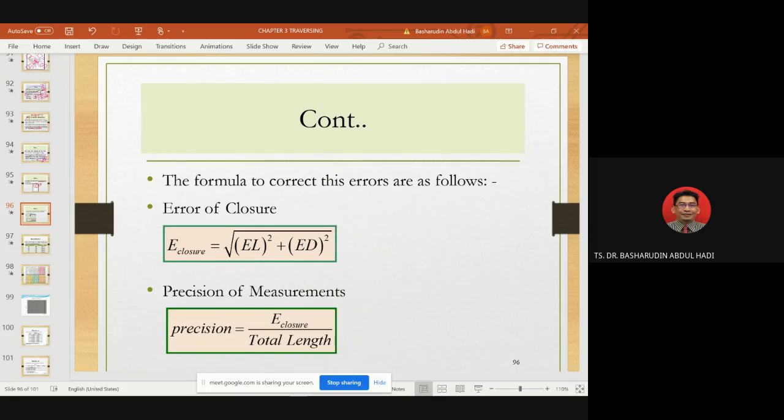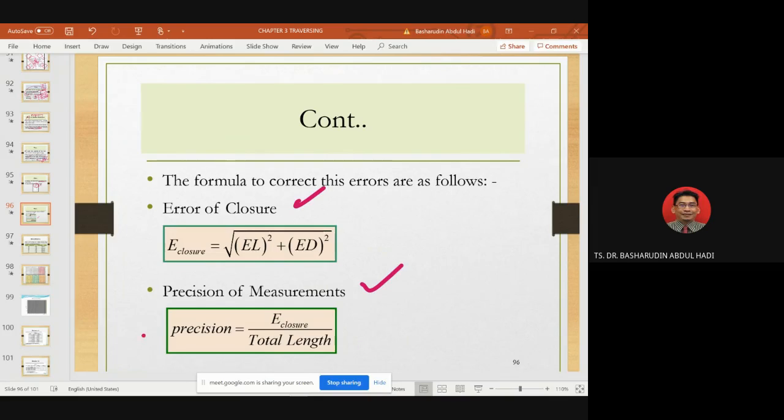The formula to correct this error is as follows. Error of closure, E closure, equals the square root of EL to the power of 2 plus error in departure squared. This one is for the error of closure. After we calculate the error, we calculate the precision of measurement. This precision will determine whether your work is first class, second class or third class.